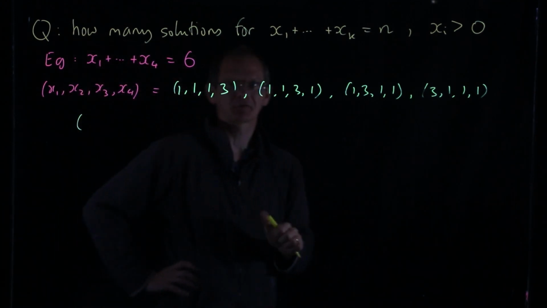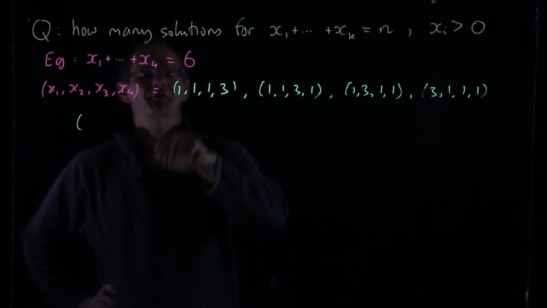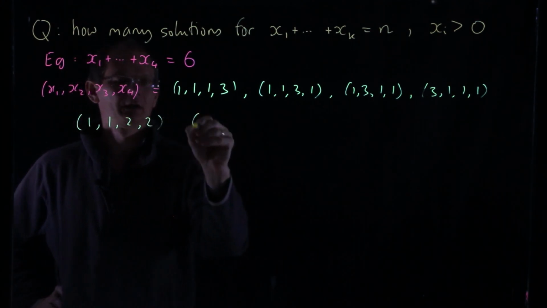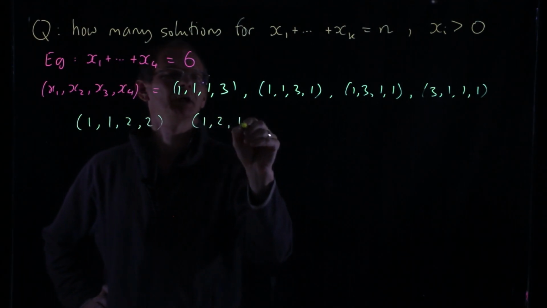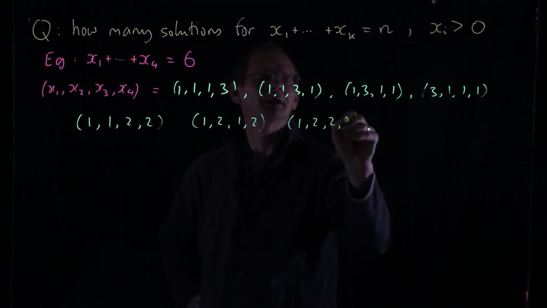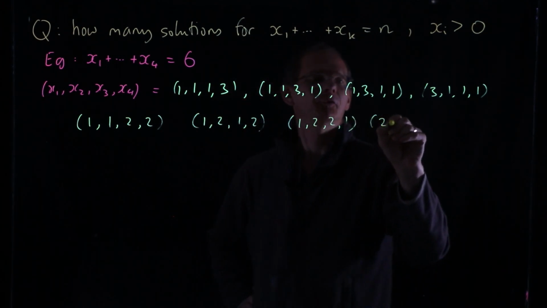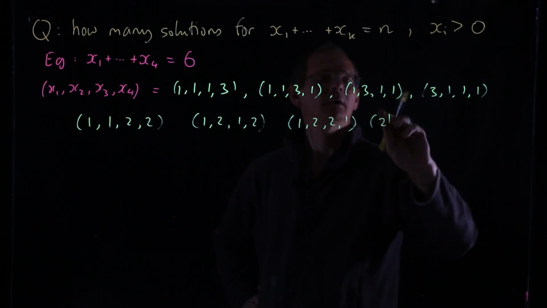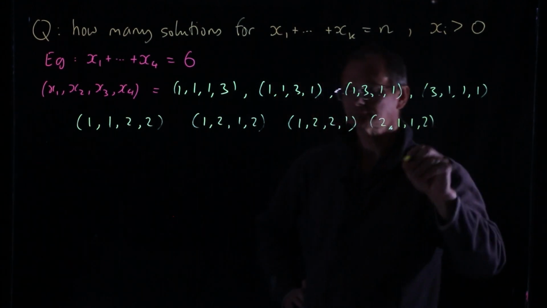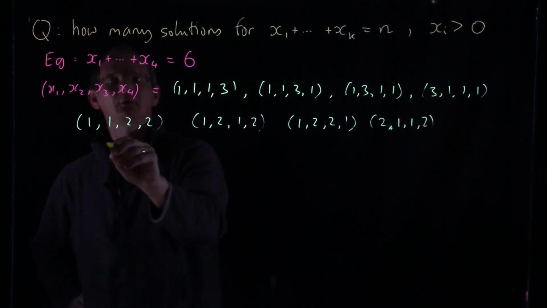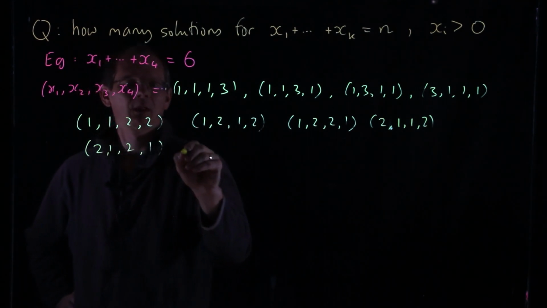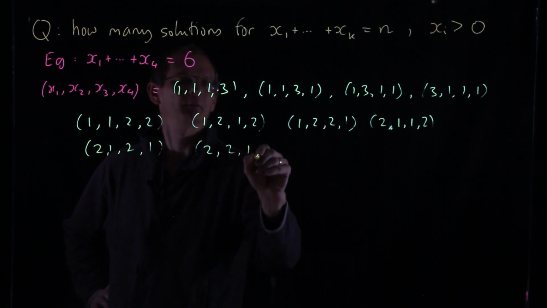But that's not all of them. Another thing we could do, instead of having 3 ones and a 3, we could have some 2s. We could have 1, 1, 2, 2, or 1, 2, 1, 2, or 1, 2, 2, 1, or 2, 1, 1, 2, or 2, 1, 2, 1, or 2, 2, 1, 1.